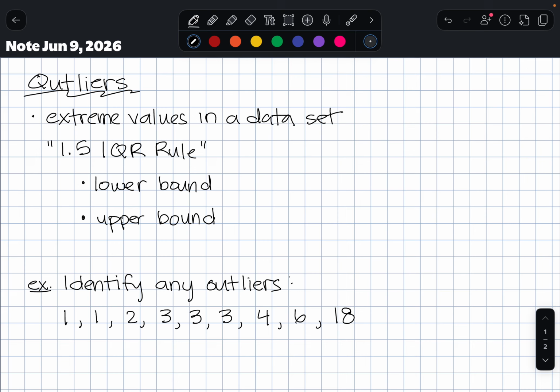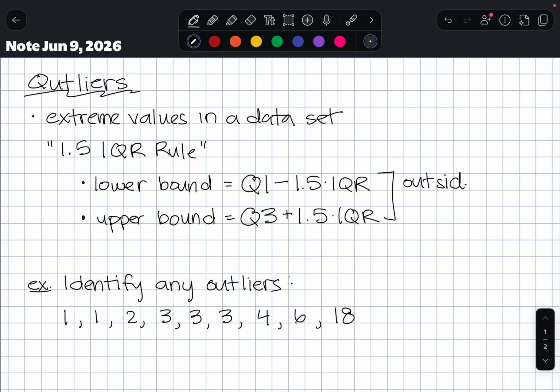Anything outside of these bounds is considered an outlier. So to calculate the lower bound, we're going to take our first quartile and subtract 1.5 times the IQR. For our upper bound, we're going to take the third quartile and add 1.5 times IQR. And if we are outside this range, we are an outlier.